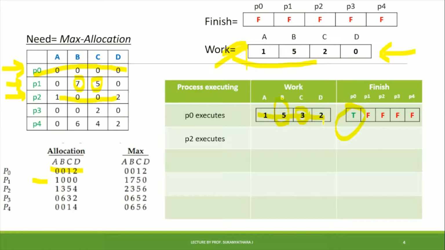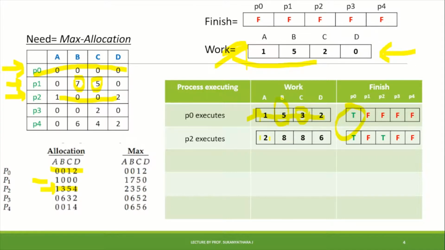Finish of P2 becomes true, and allocation of P2 is added to work. So work equals work plus allocation of P2. When P2 leaves the system after complete execution, all the resources held by P2 are added to the free resources. So P2 executes and the current value of work is updated to 2886.